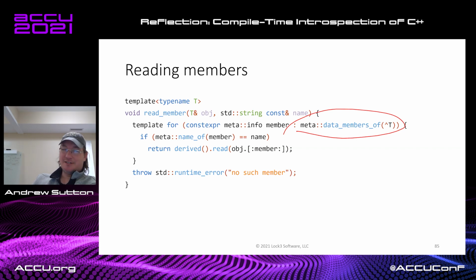This will give us a constexpr range of members. It's another expansion statement, so we're going to expand, and each member is going to be a reflection of each data member. And again, the recursive call is just splicing this member access expression so that it can be assigned from whatever text has been read from the input. And that's it. That's the entirety of deserialization.